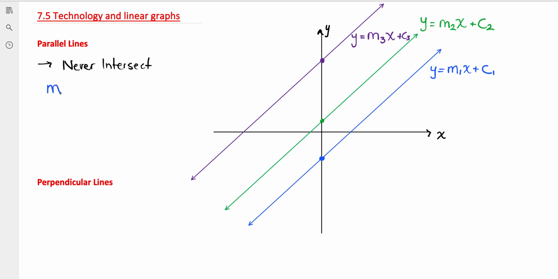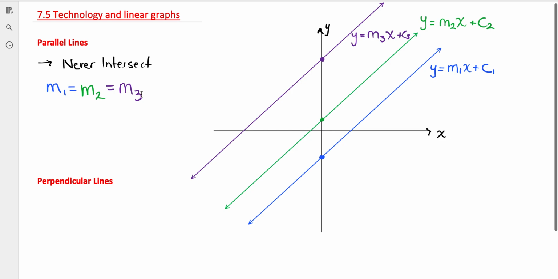So m1 is going to be equal to m2, and is going to be equal to m3. Okay, so the gradients are going to be the same. Wonderful. So that's the definition of parallel lines.